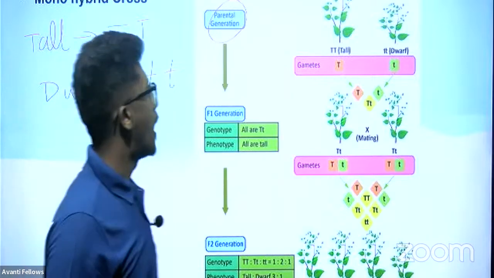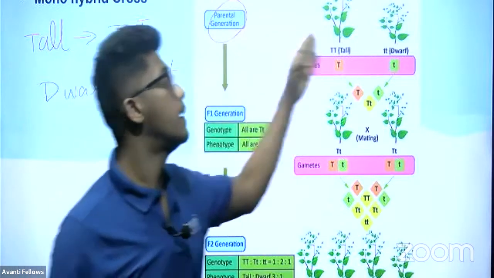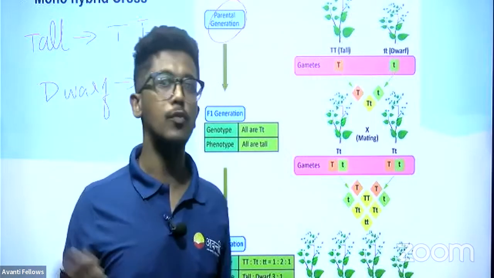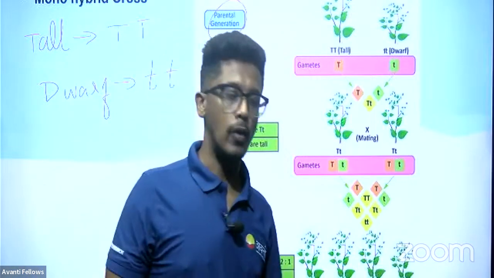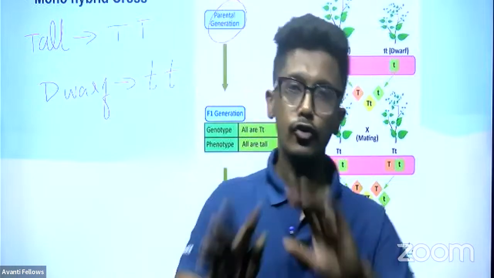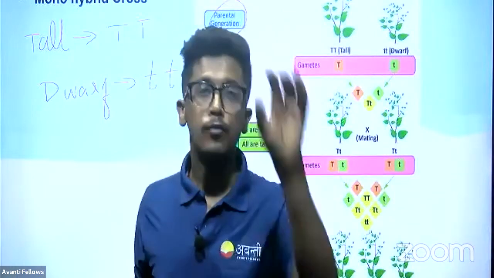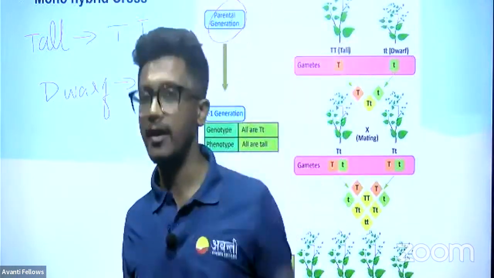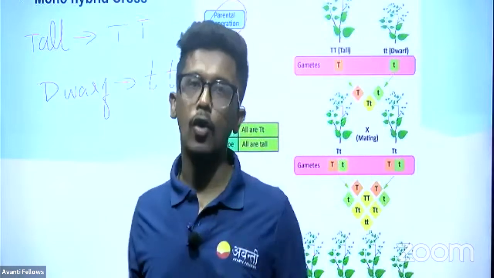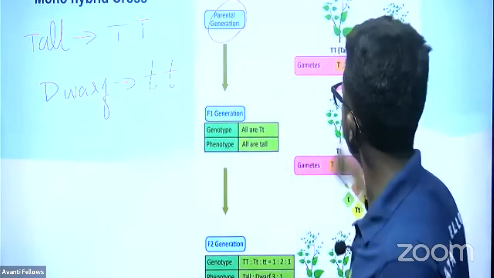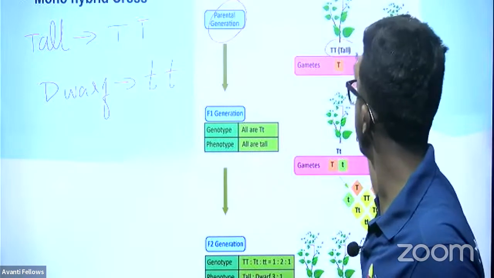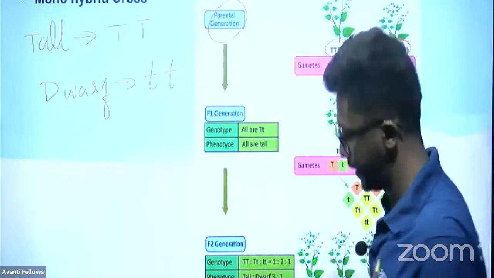Understood? So my parents are in diploid form. Yesterday I explained why we take alleles as pairs, not as single. Now the parents are represented as capital T, capital T and small t, small t.